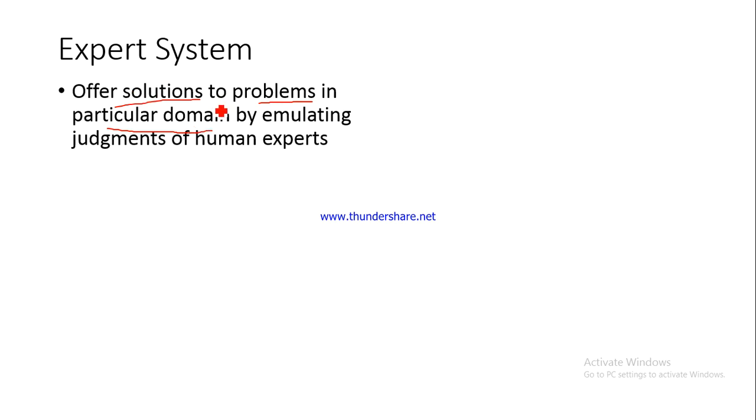They actually don't provide solutions, they offer various possible alternatives that can be exercised to resolve problems. And these problems are from a particular area, and the expert systems are area specific, domain specific.